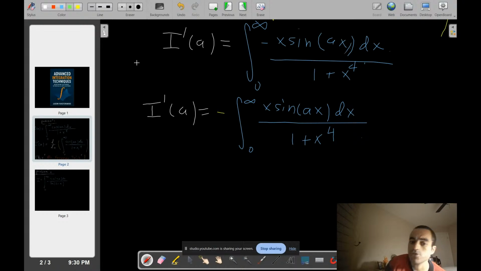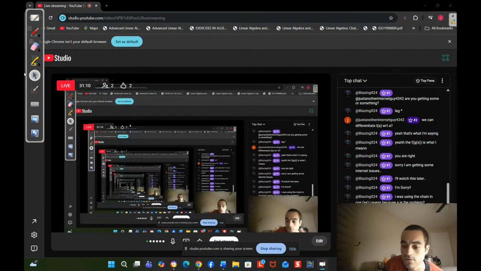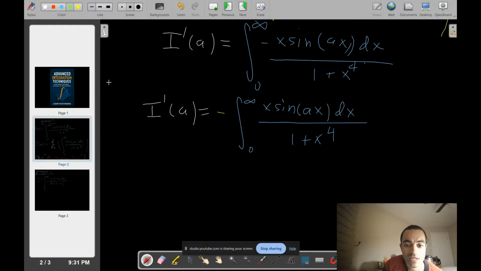So what I need to do is differentiate again. Yes, I can use the Feynman trick n number of times, differentiating n number of times until I'm able to integrate with respect to x. That's the way to do it.